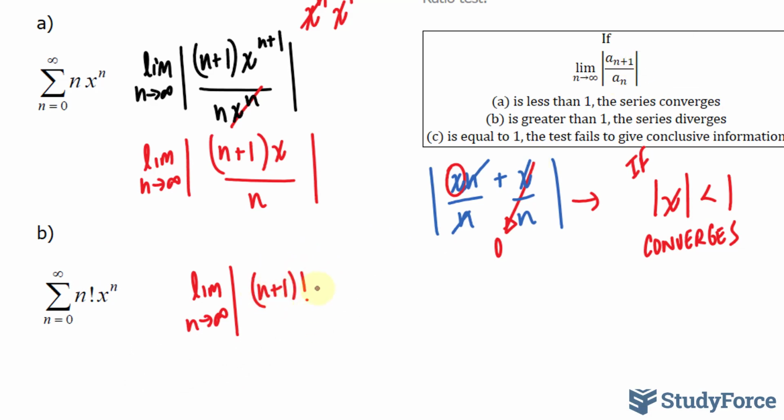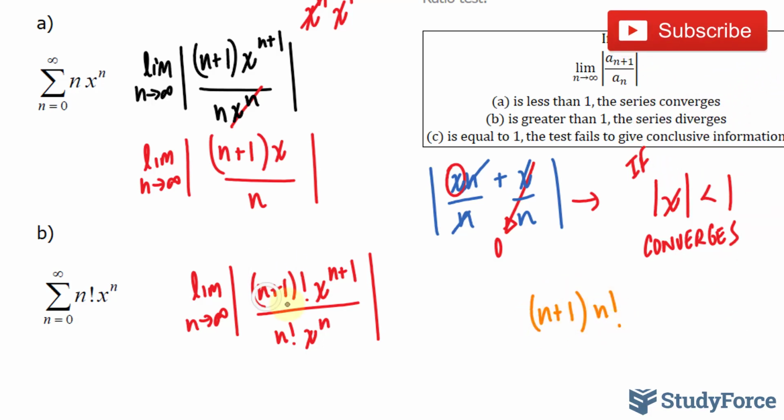So we have n plus 1 factorial x to the power of n plus 1 all over n factorial x to the power of n. n plus 1 factorial, if we expand it, we end up with n plus 1 times n factorial. If we do expand this factor, then n factorial will cancel out with the one at the bottom.